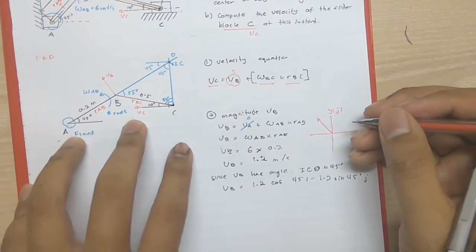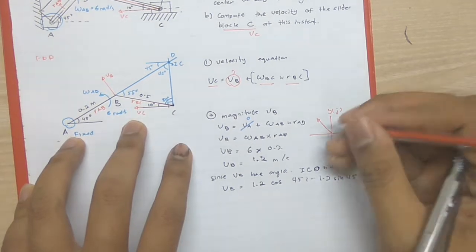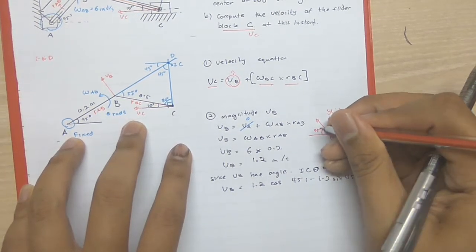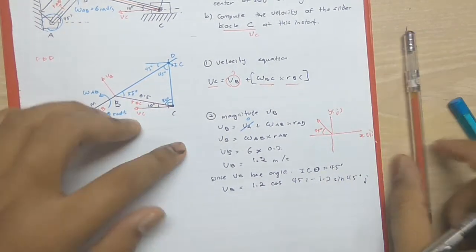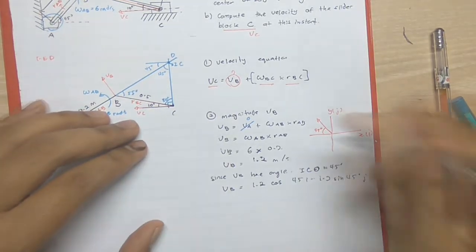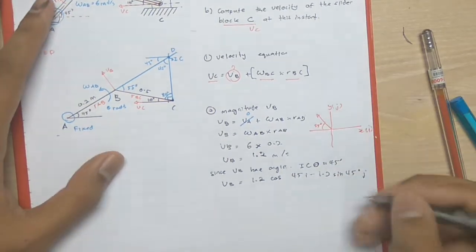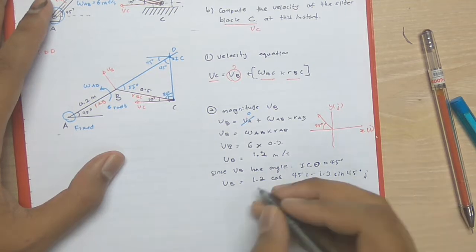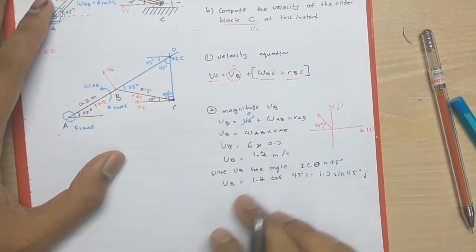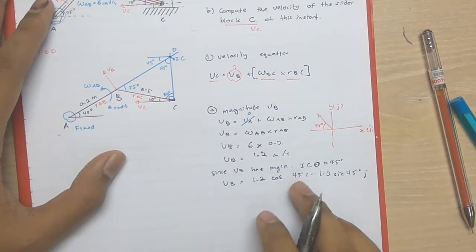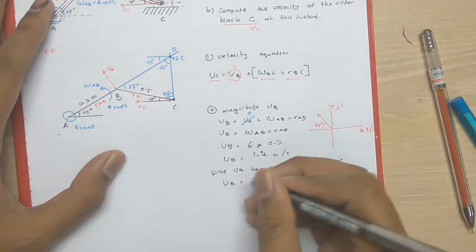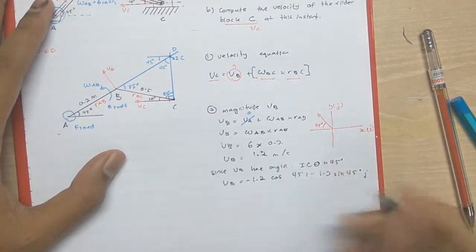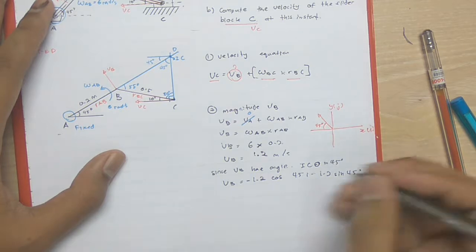So VB is 1.2 cos 45. Sorry, this is negative 45 and 1.2 positive.